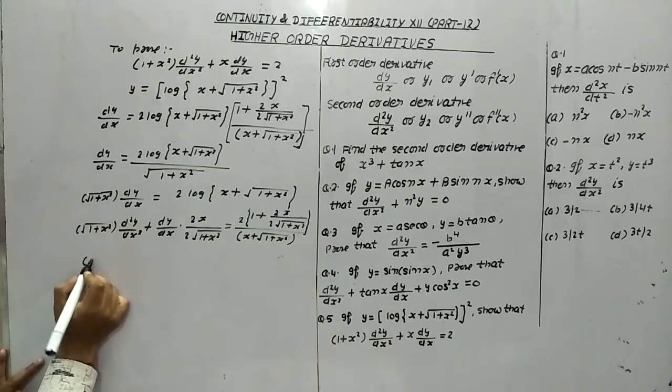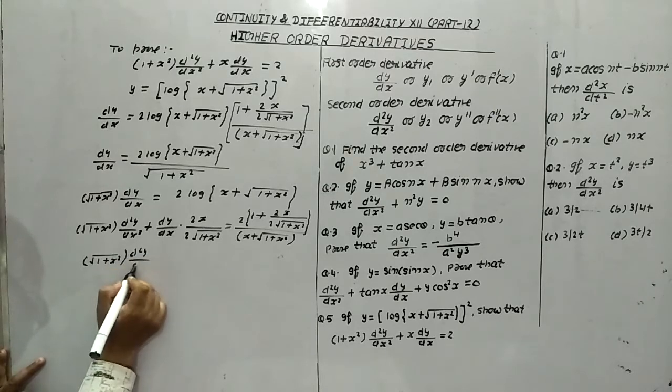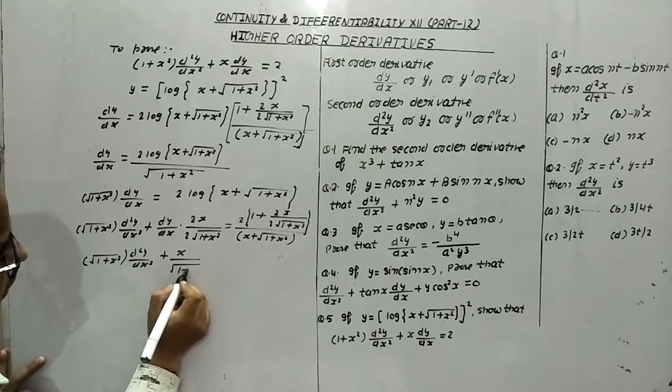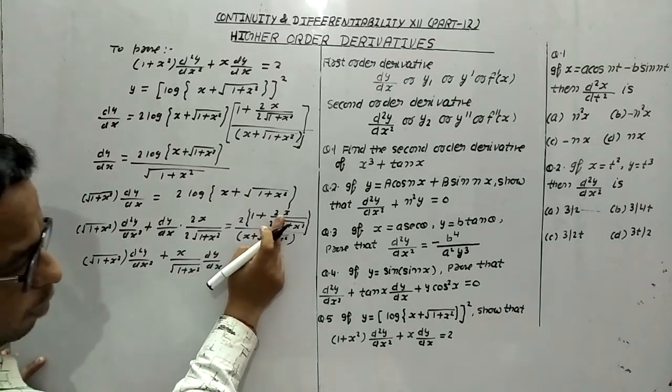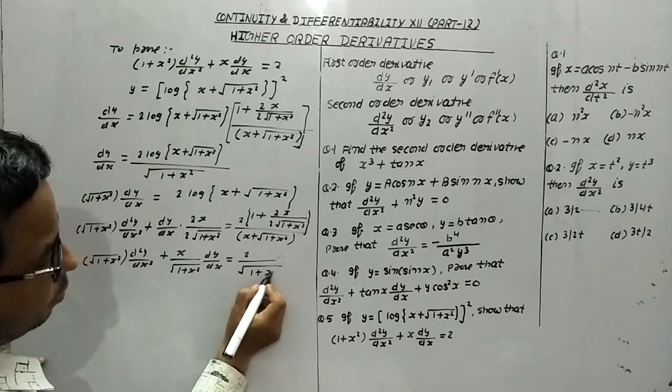Now it means under root 1 plus x square d2y by dx square plus x upon under root 1 plus x square dy by dx. Now after taking the LCM, this 2 cancels out. This is 2 upon under root 1 plus x square.